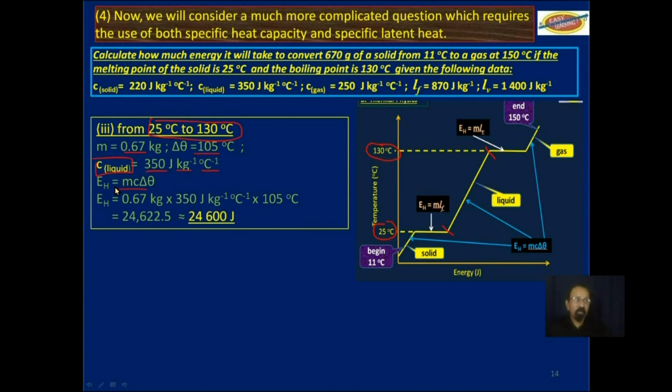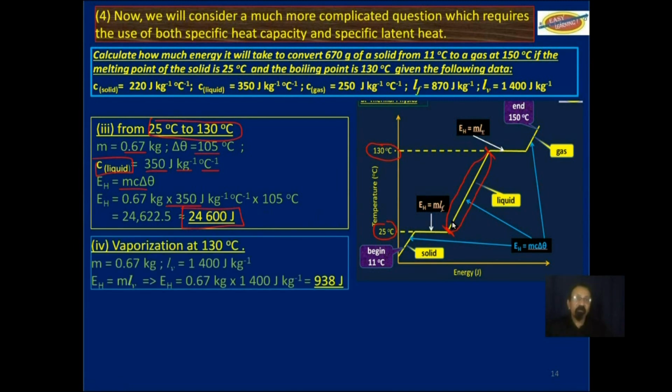We have a formula that says EH = mcΔθ. Substitute the numbers, and our rounded off answer is 24,600 joules. That is this piece here. So it will take that amount of energy to heat this mass as a liquid at its melting point to a liquid at its boiling point.